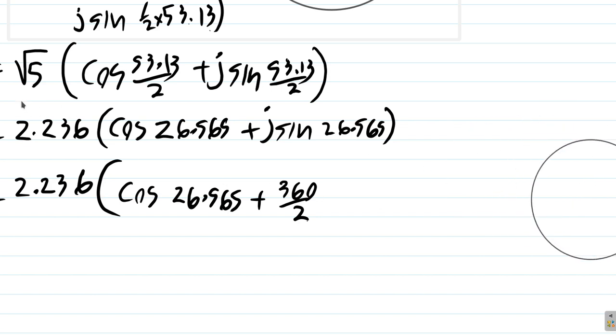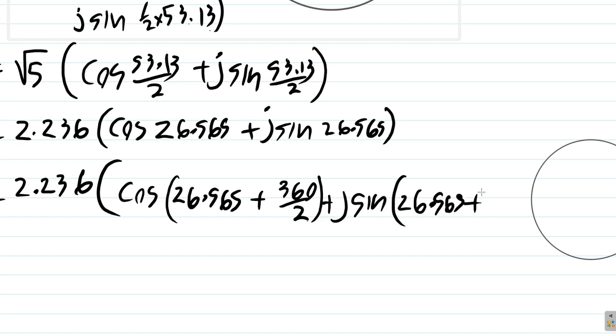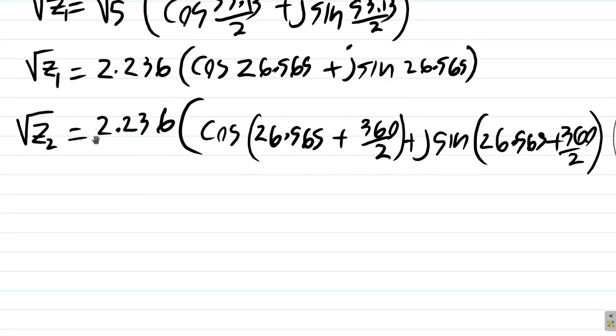So here, plus 180, this is a cos plus j sine. 26.565 plus 360 over 2, which is plus 180, right? So what we have is 2.236 cos. All right, so 26.565 plus 180.